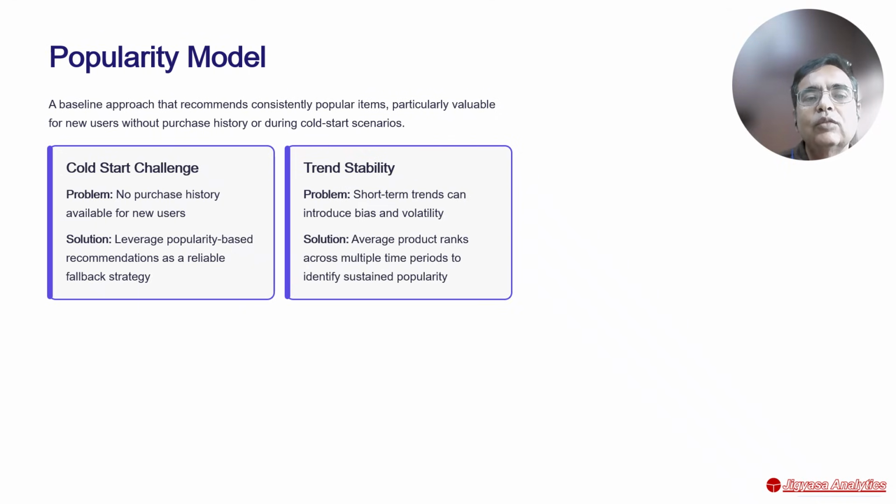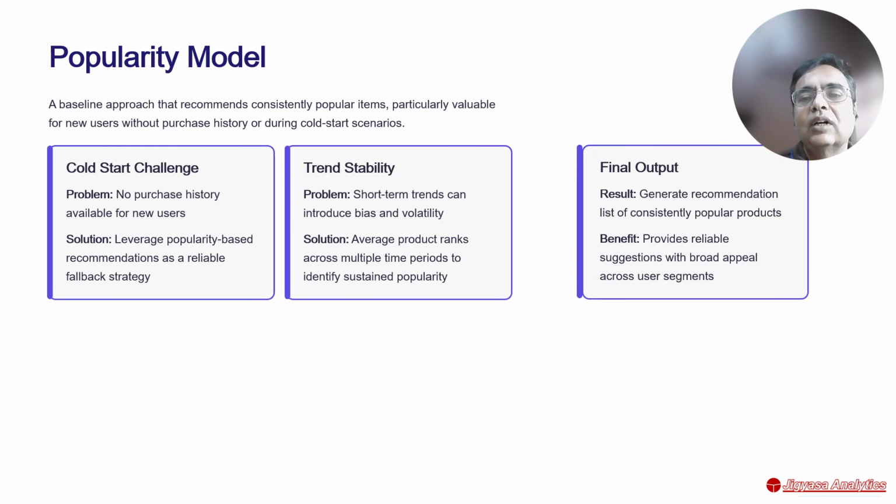So you have to average out the product ranks over some time period to identify products which are truly popular, to take care of short-term trends. At the same time, you cannot go too much back in history and take irrelevant products. So this balance has to be done to get the right popularity model.